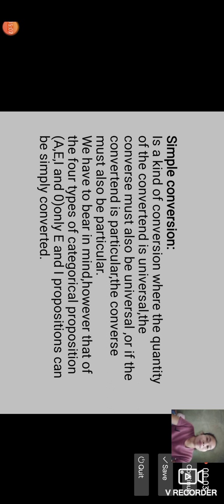We have to bear in mind, however, that of the four types of categorical proposition, A, E, I, and O, only E and I propositions can be simply converted.